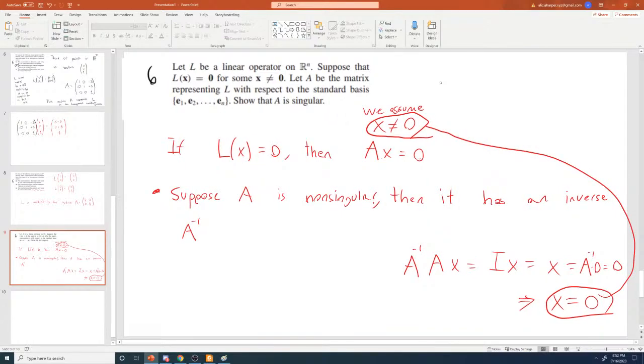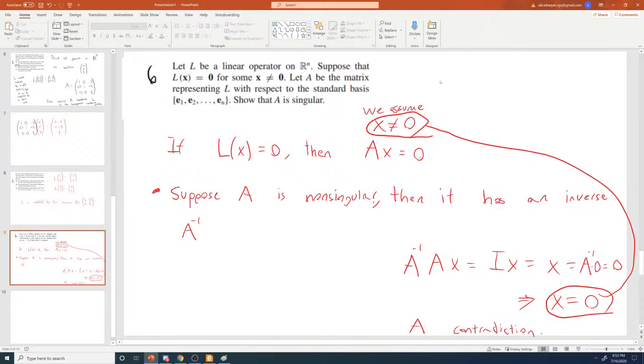So this is a contradiction. And we deduce that if L of x is equal to 0 for some x not equal to 0, then the associated matrix must be singular.